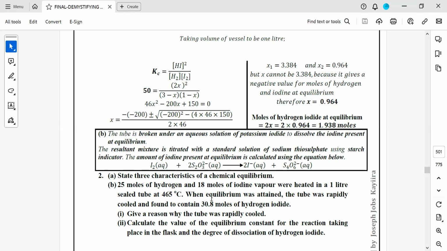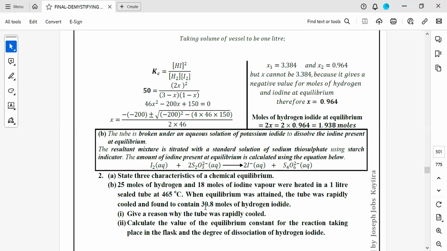Then part B says 25 moles of hydrogen and 18 moles of iodine vapor were heated in a 1 liter sealed tube at that temperature. When equilibrium was attained, the tube was rapidly cooled and found to contain 30.8 moles of hydrogen iodide.